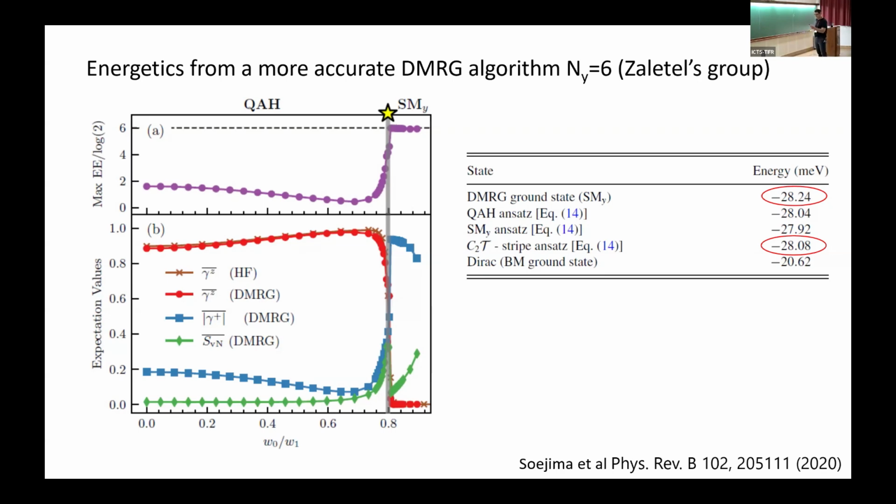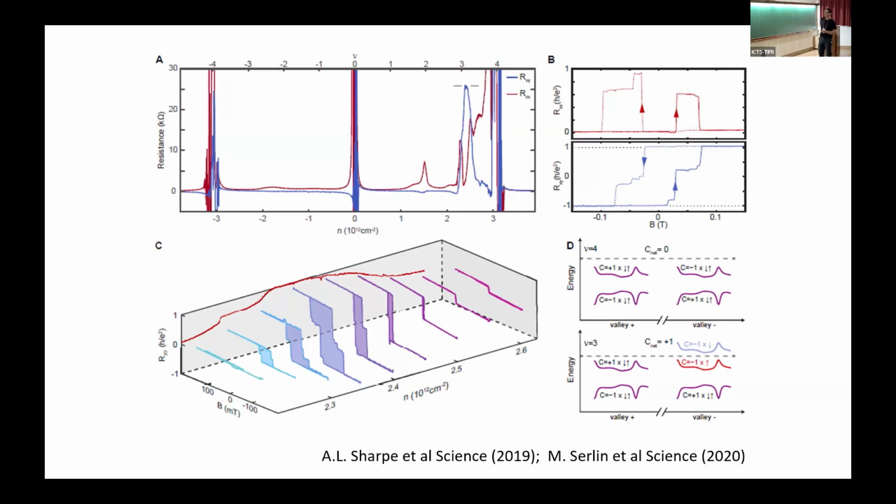Okay? All right. Now, there's a beautiful set of experiments. One is from David Goldhaber-Gordon's group at Stanford. Another one is from Andrea Young's group at UC Santa Barbara, where they revealed this topology in a slightly different way. So in addition to what I just showed you, they also aligned the twisted bilayer graphene with the underlying hexagonal boron nitride.